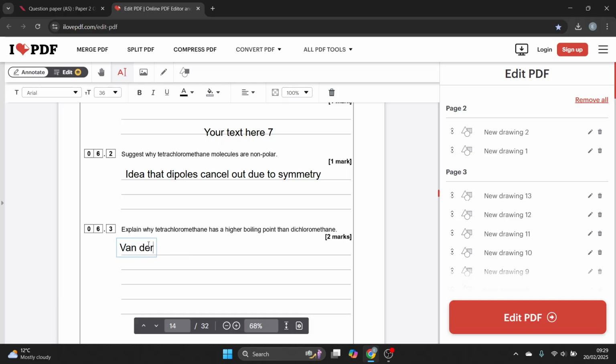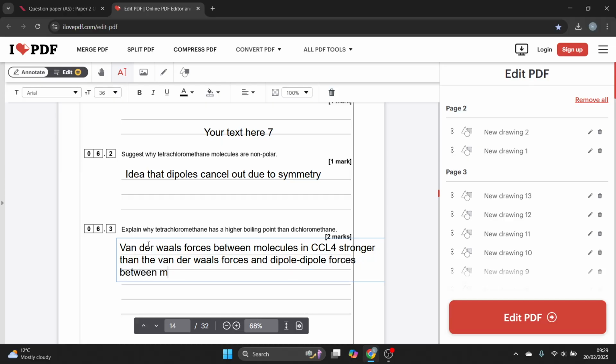The van der Waals forces between molecules in tetrachloromethane, CCl4, are stronger than the van der Waals forces and dipole forces between molecules in dichloromethane, as CCl4 has more electrons than dichloromethane.